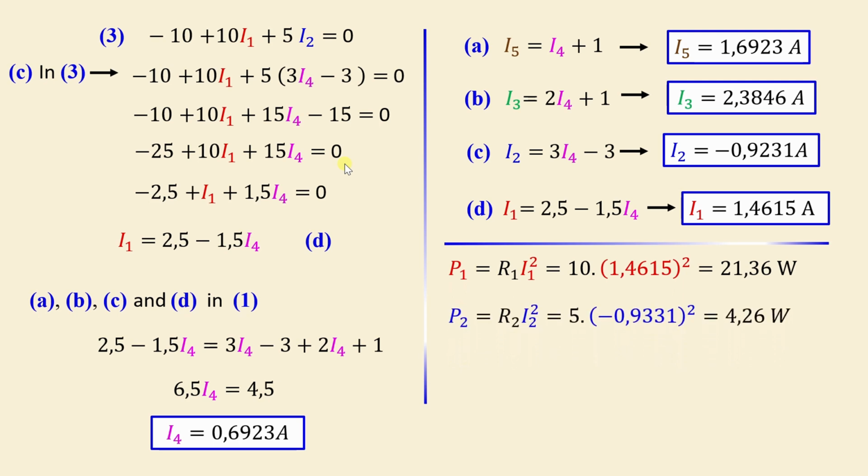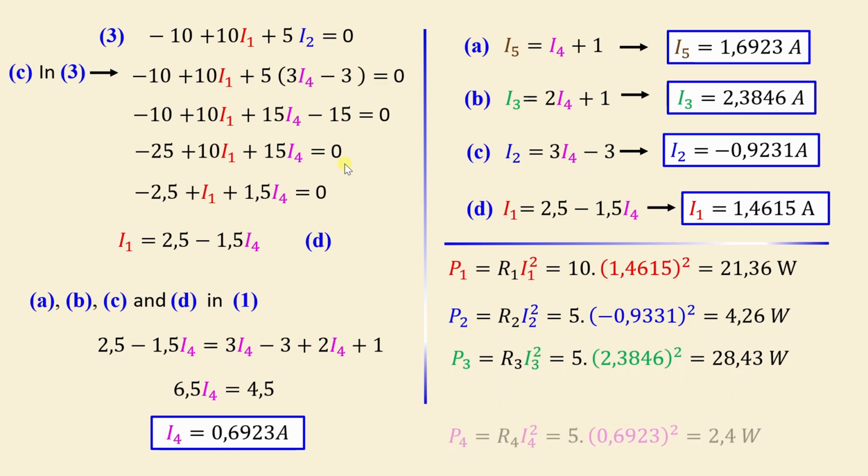We go now to the power P2, the power dissipated in the resistor R2. P2 is equal to R2 I2 squared. We have 4.26 watt. The power dissipated in resistor R3, P3 is R3 I3 squared is equal to 28.43 watt.